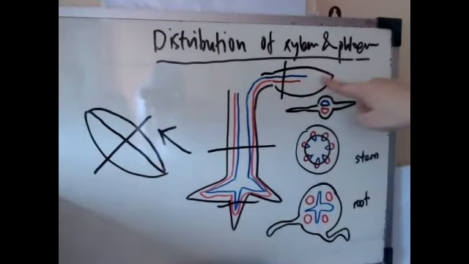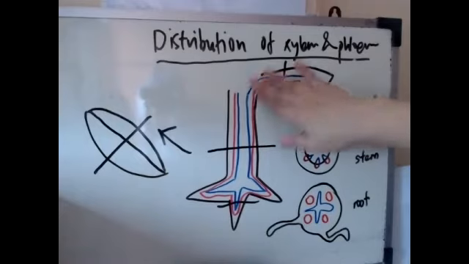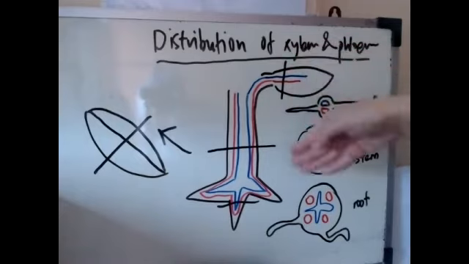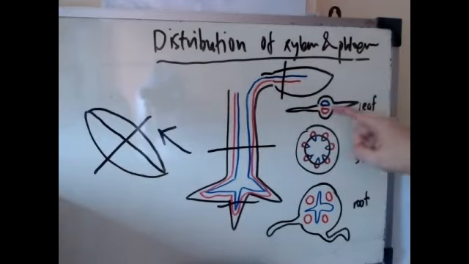It will also help you because when you extrapolate up, you notice that xylem becomes the top, phloem becomes the bottom. This is all because they are parallel to each other, they don't overlap. So it can help to remind you that the xylem is at the top and phloem is at the bottom.